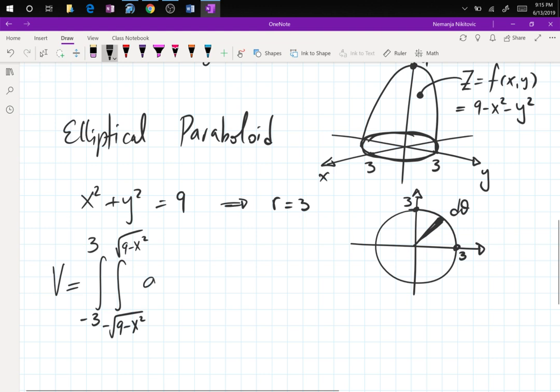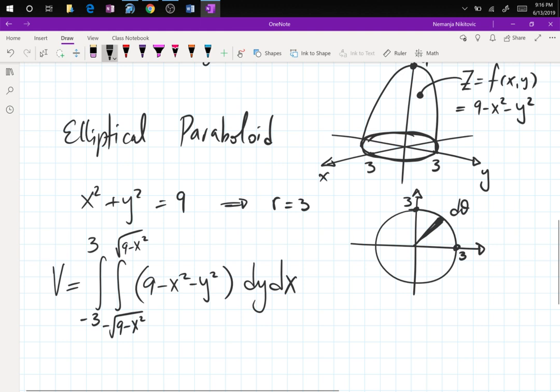And then you have 9 minus x squared minus y squared in here, and then dy dx. This is what the integral for that function would look like. And that's just insane to solve, because you have to do all the trig sub, and it's not fun.